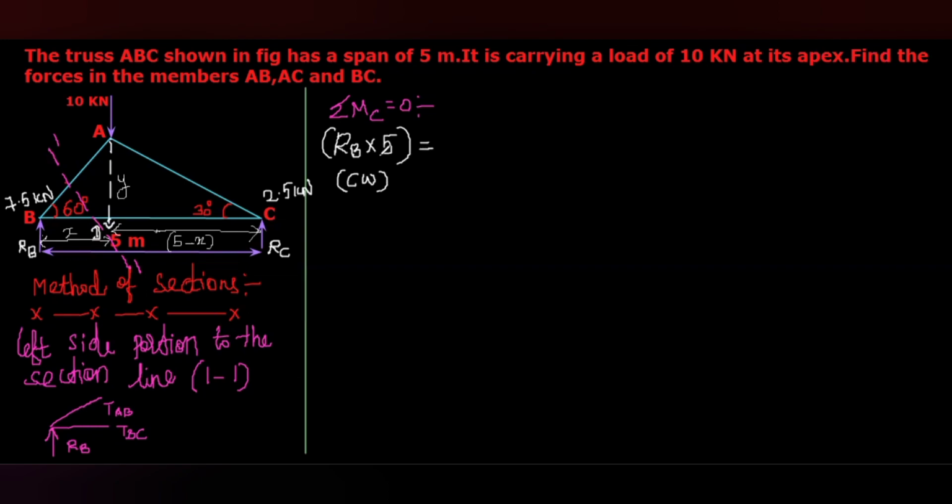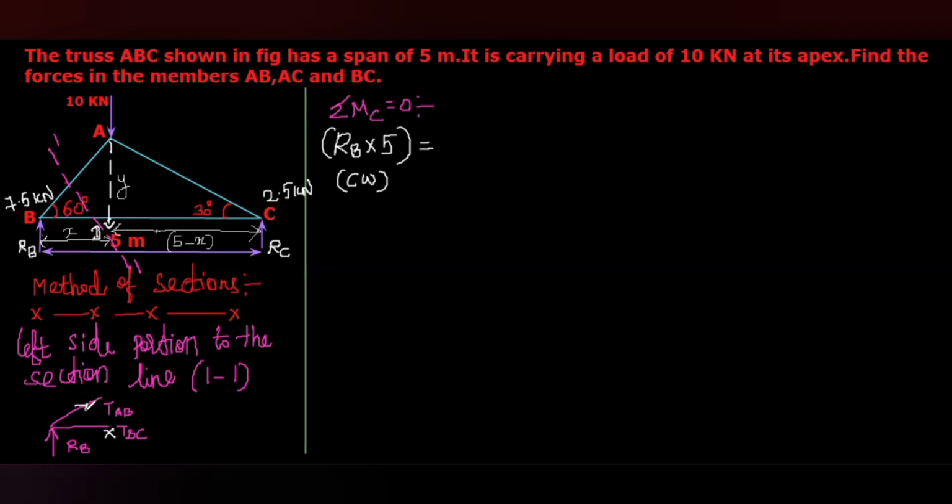So this should be counterbalanced by a counterclockwise moment. Here, TBC is already eliminated when you take moment about C. So the moment made by the upward force RB should be compensated by the moment made by the TAB. Here also there are two possibilities.